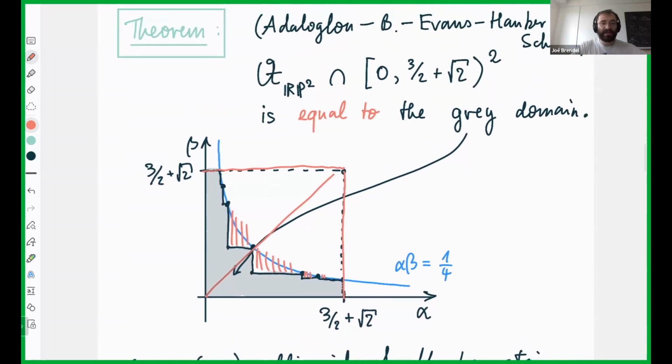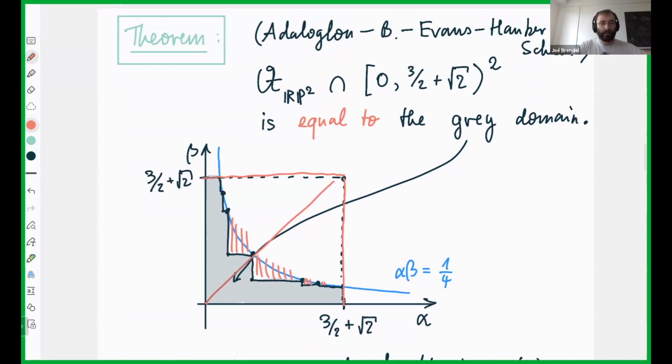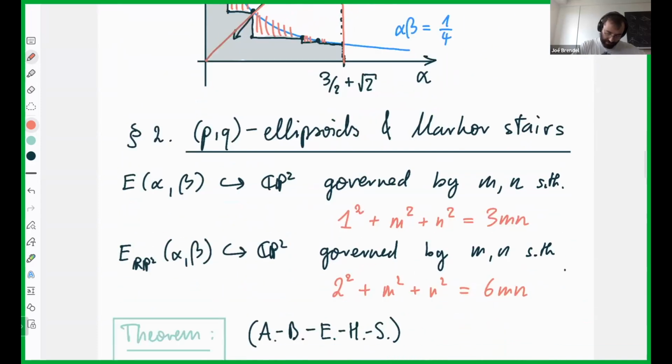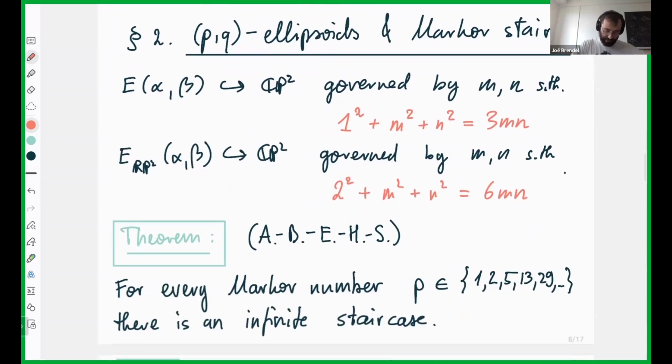So this theorem is a special case of a more general theorem. Namely, you can sort of expect the direction in which I will take this. Well, because now the usual ellipsoid embeddings into CP2 correspond to Markov triples containing a 1. These RP2 ellipsoid embeddings correspond to a triple containing a 2. And so the general theorem is that for all Markov numbers, you get a staircase.